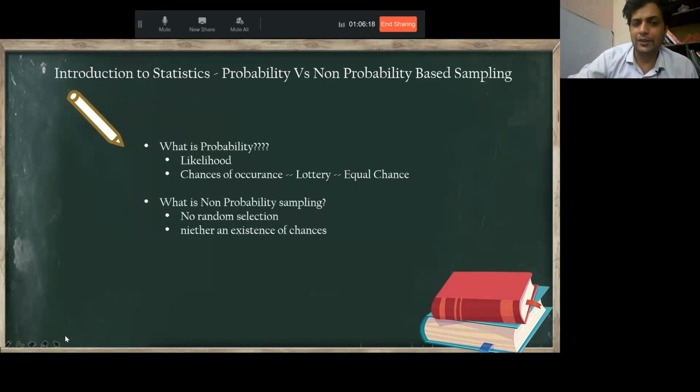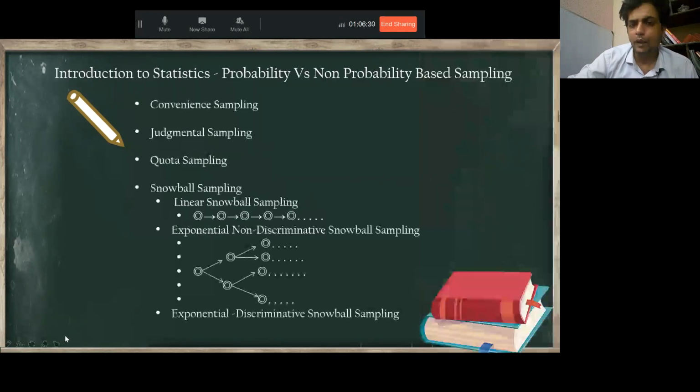So that's probability. What is non-probability? No random selection, nor any existence of chances. In non-probability sampling, it's all your preferences, your choice, like you just select one student to give the award. You understand convenience sampling, right? Based on your comfort, your convenience.